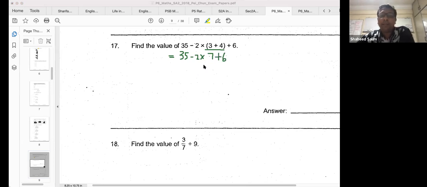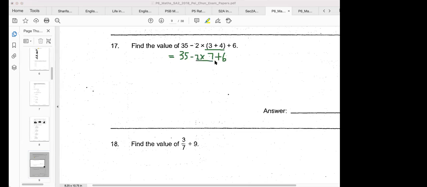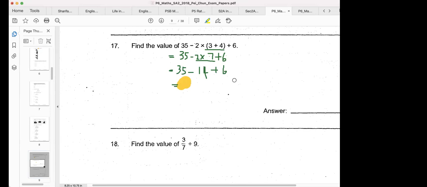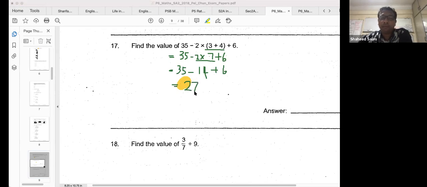So now what do I do? Minus, times, plus. Times. Good. 2 times 7, what's your answer? 14. Good. Minus 14. So you see, I just copy everything. Then I put that. 35 minus 14. You get 21. 21 plus 6? 27. Well done. Alhamdulillah. Well done.